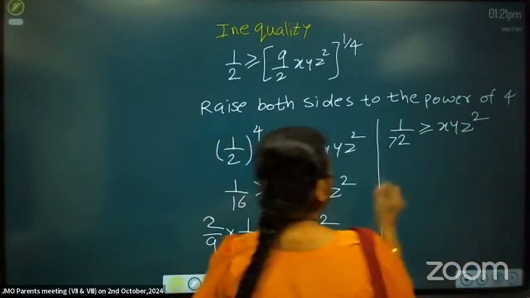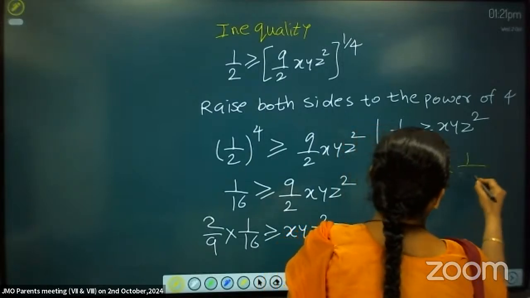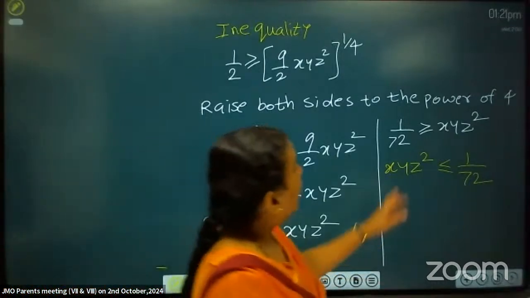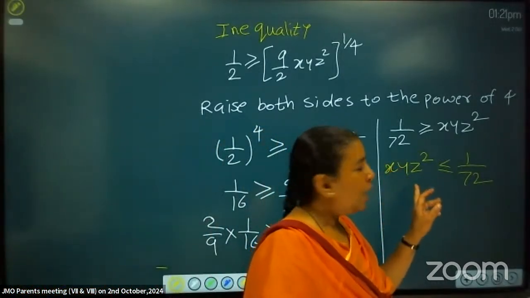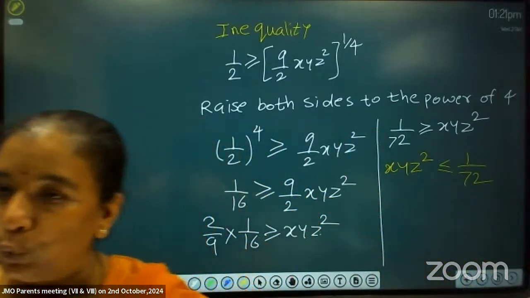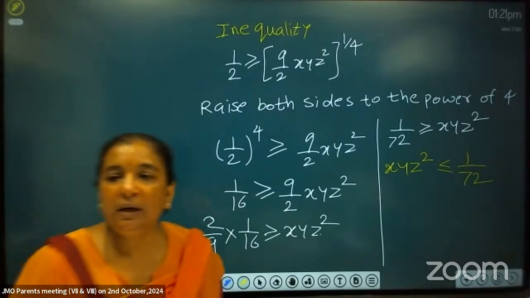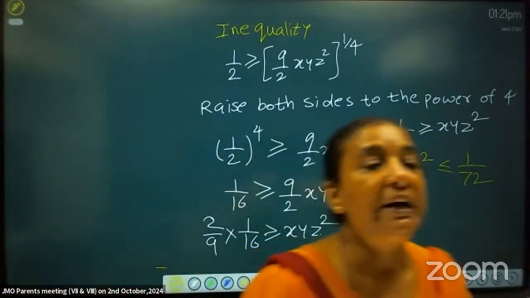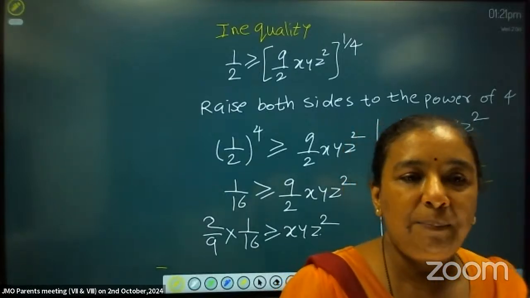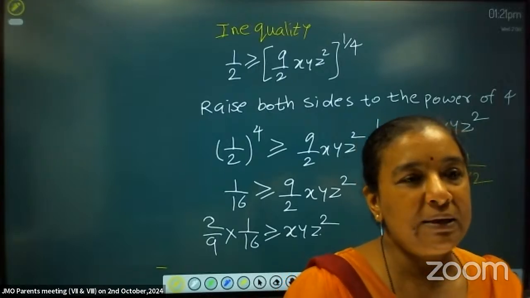In other words, xyz square is less than or equal to 1 upon 72. Means the highest possible value of xyz square is 1 upon 72. You understand? So without doing calculation to find the individual values of x, y, and z, we are able to get the answer. You understand how we had done this?